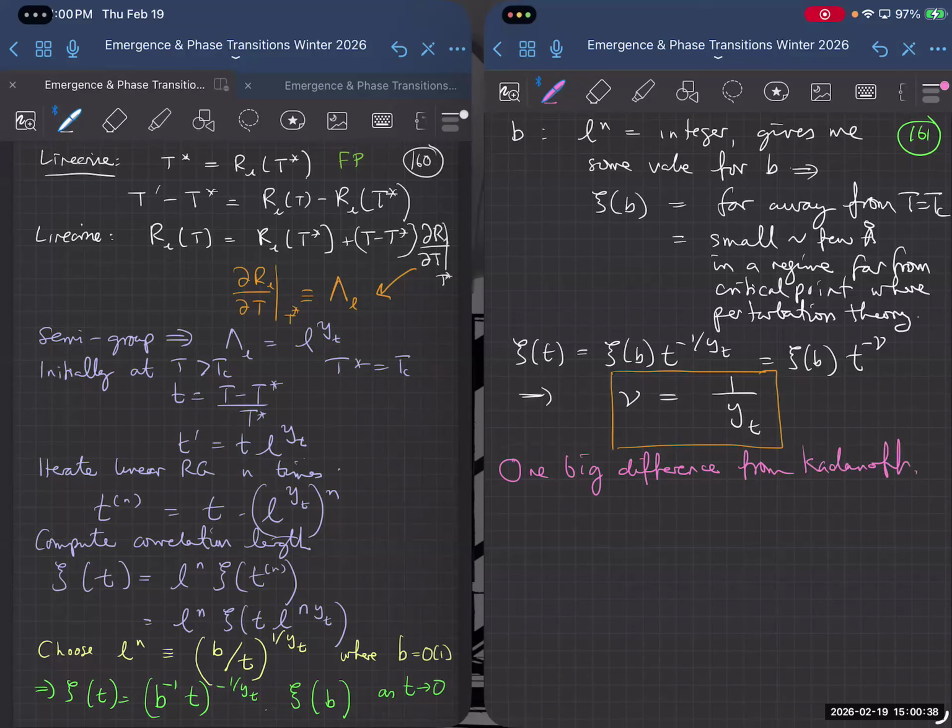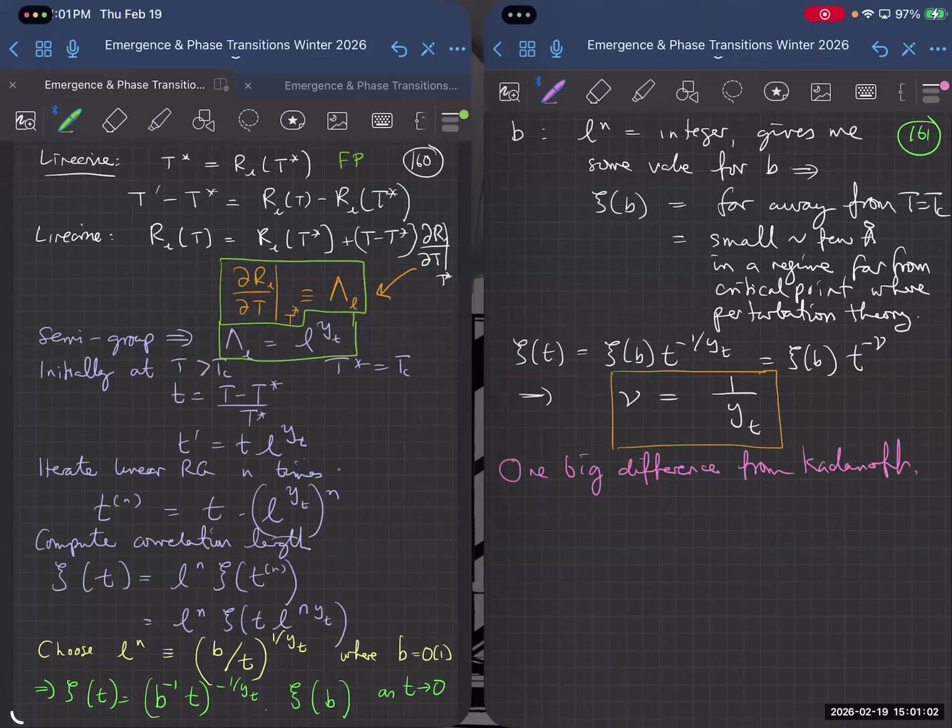And that big difference from Kadanoff's picture is that we know, if you look now on the left-hand screen, that lambda sub L is equal to dRL by dt, and we know from the semigroup property that lambda of L is equal to L to the y sub t.